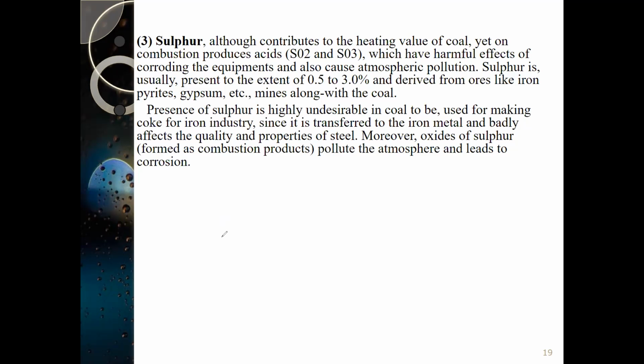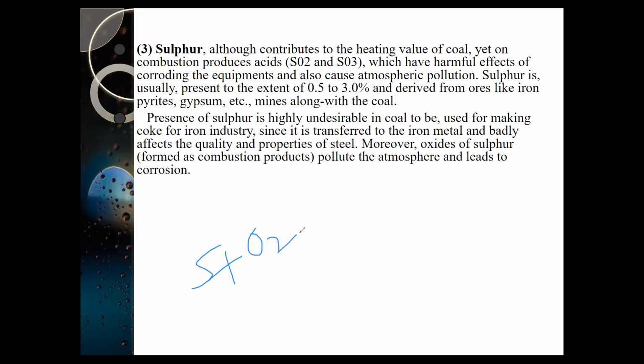When sulfur reacts with oxygen, we get oxides of sulfur, SOx. These oxides of sulfur are very harmful because they react with the moisture in the environment and produce acids. So it makes the environment acidic and pollutes it.